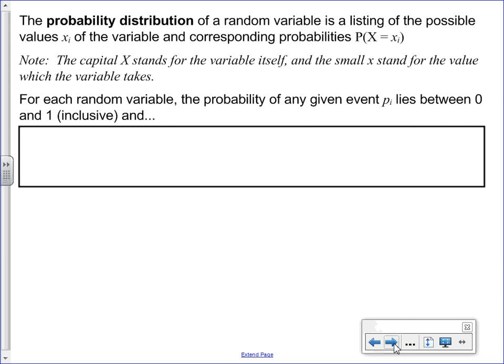The probability of any given event, pi, lies between 0 and 1. Therefore, if you take the sum of all the possibilities, from 1 to however many possibilities there are, that should always equal 1.